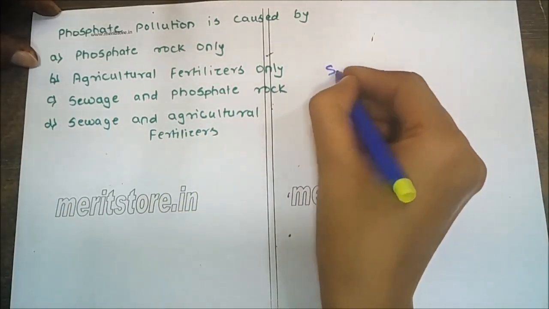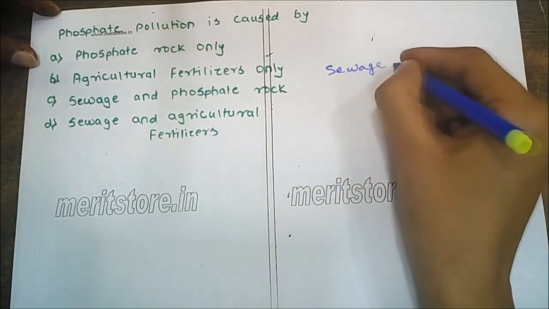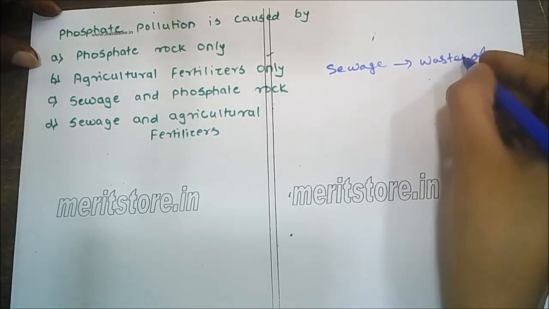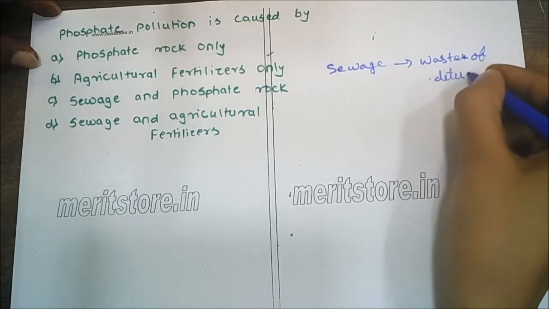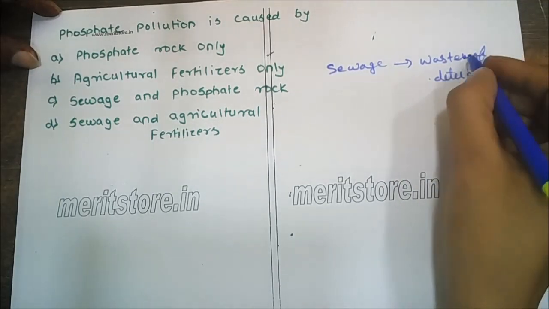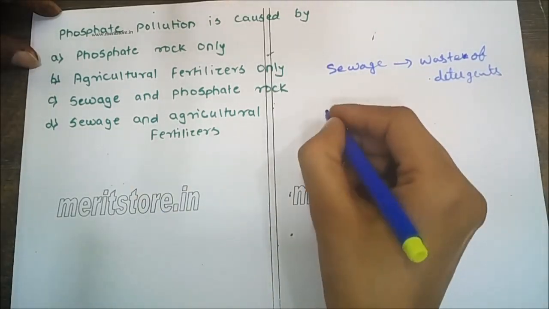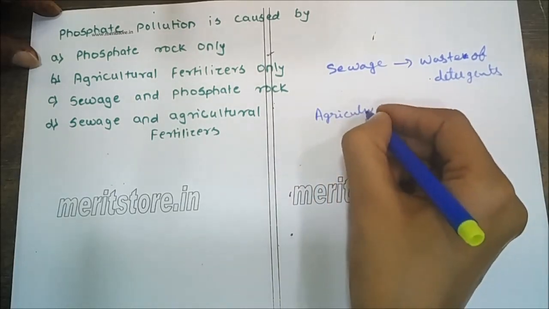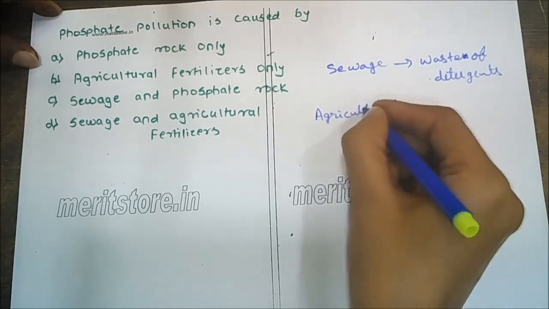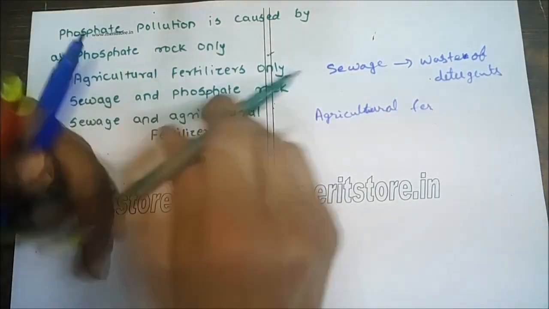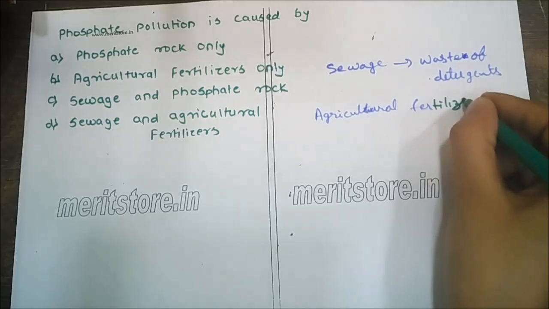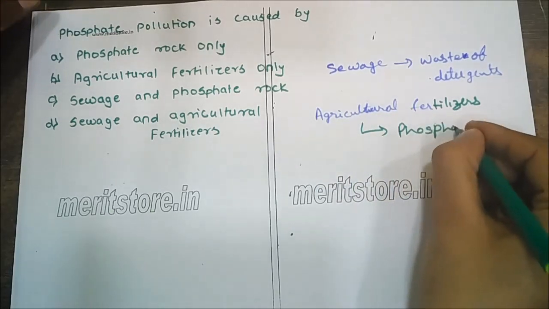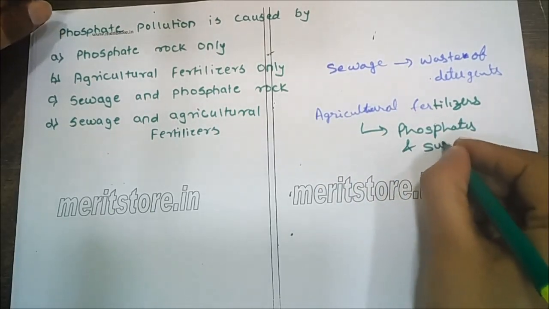As we know that in sewage, the waste of detergents are flowed, and agricultural fertilizers are rich in phosphates and superphosphates.